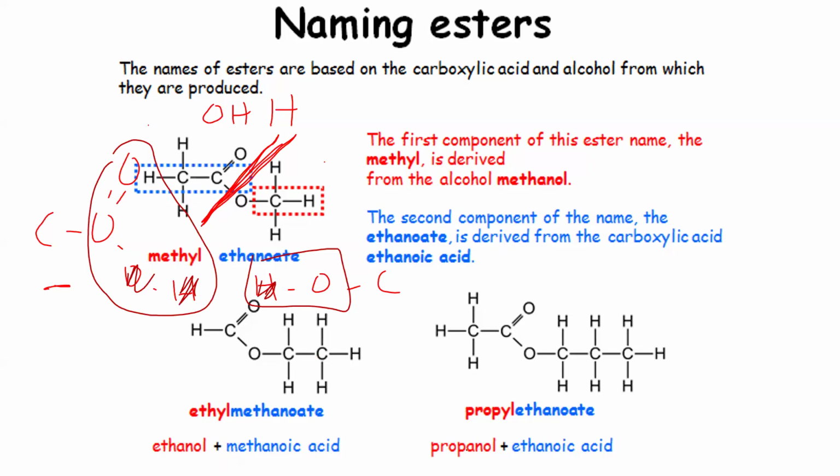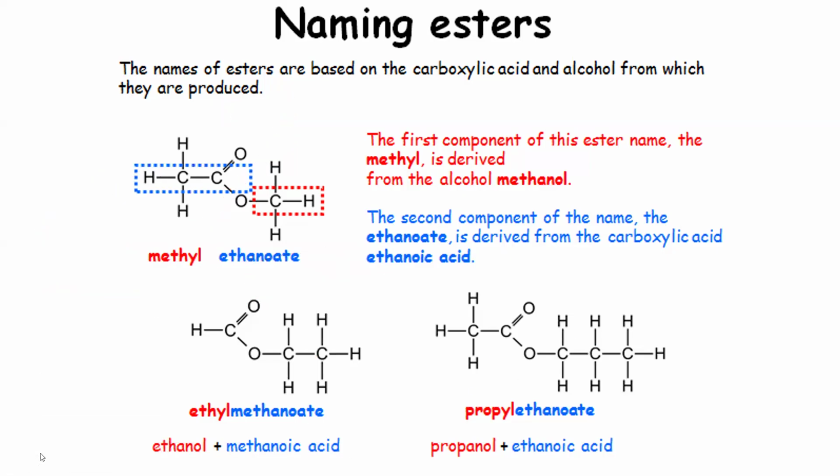All right. Now, naming. So what I'm going to do now is just take that off, and then we're going to name it. It took me ages to think about this one. So what we've got over here is the first component of this ester's name, the methyl, which is from the methanol.